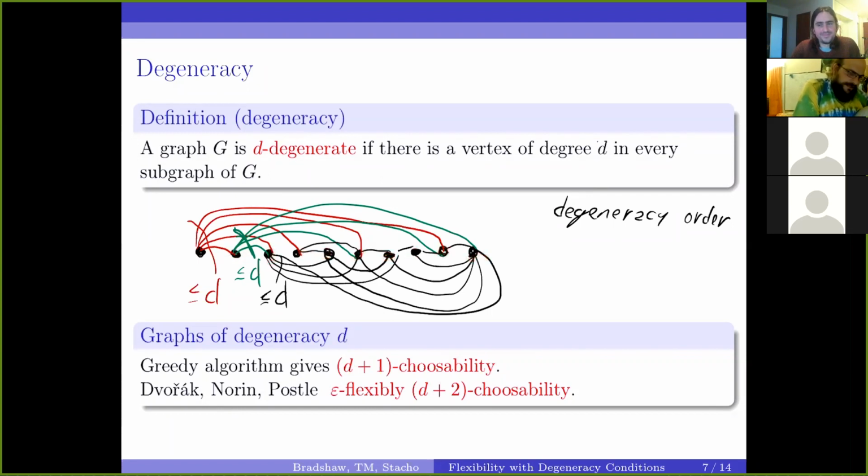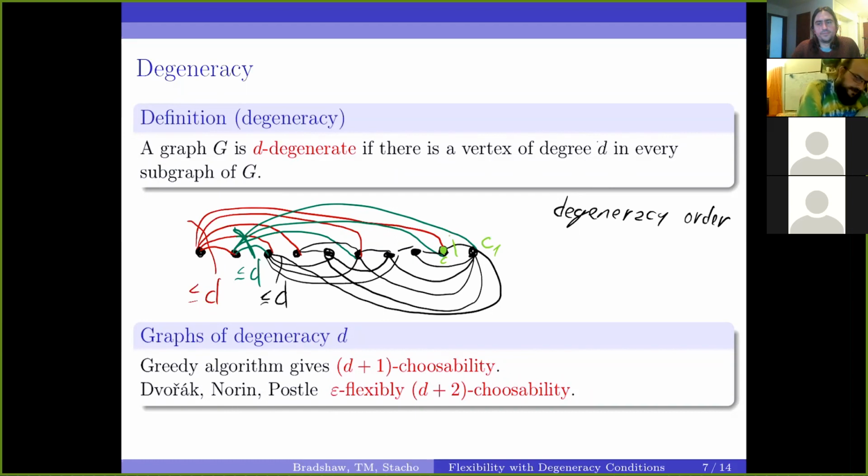So this is degeneracy, and from the point of view of degeneracy, we can solve choosability by adding one more color, and it's an easy greedy algorithm. From the other side of the order, we can assign an arbitrary color from the list to the very last vertex, and then we can look at the predecessor and again assign an arbitrary available color from its list, which means we discard all the colors that are forbidden by our choices on the right.